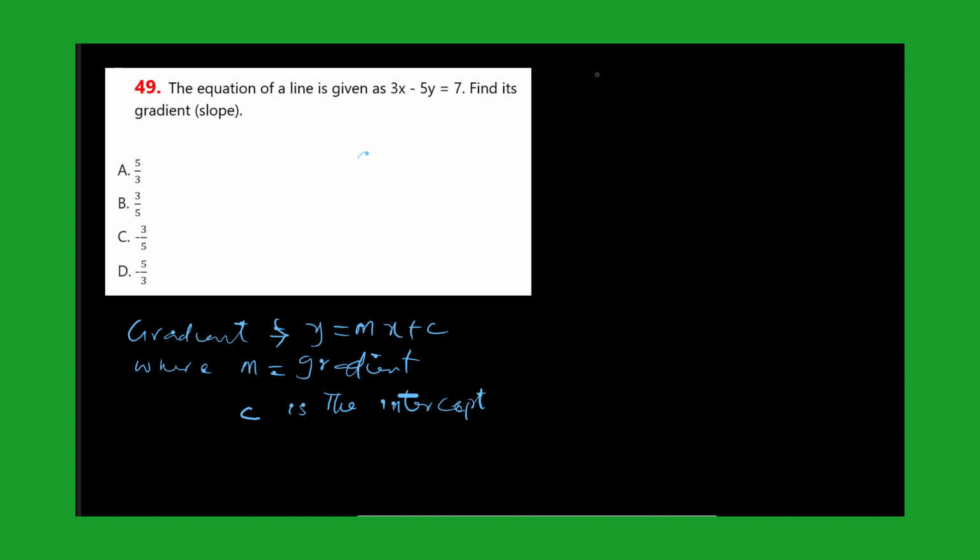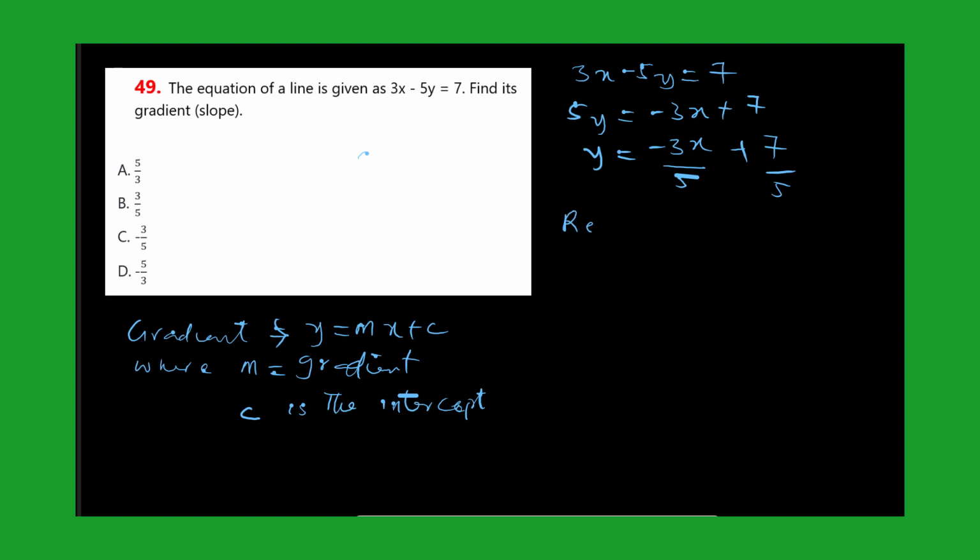So this equation will be rearranged: 5y equals 3x minus 7, y equals 3x over 5 minus 7 over 5.